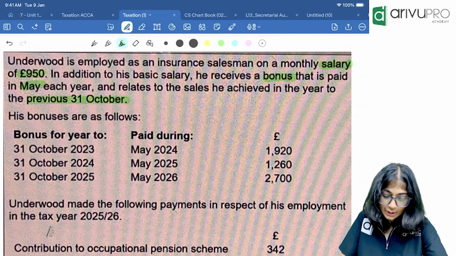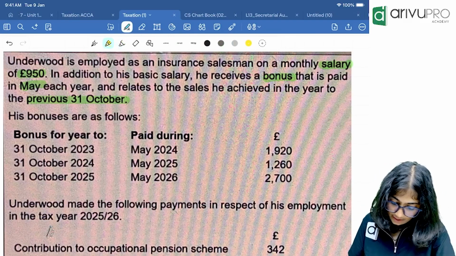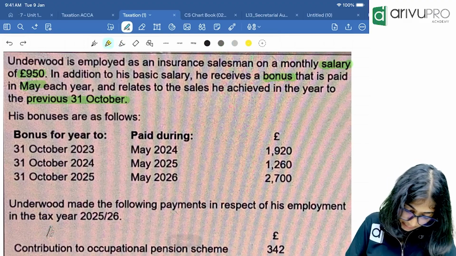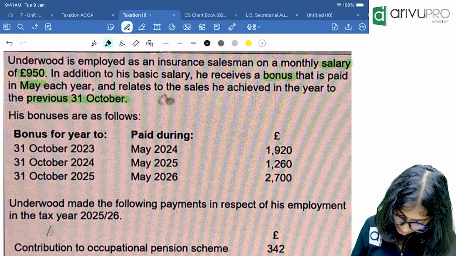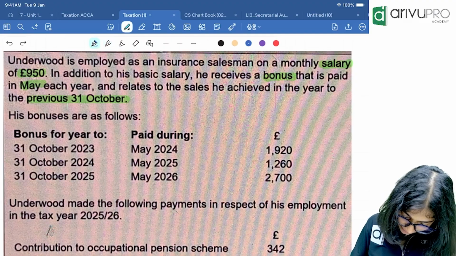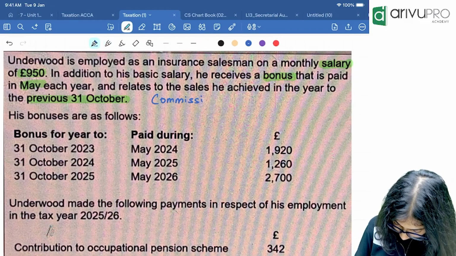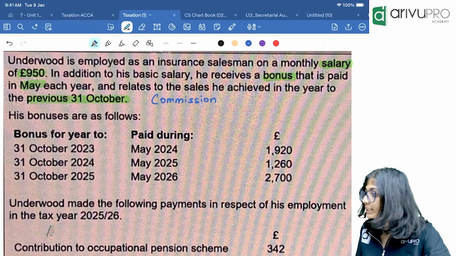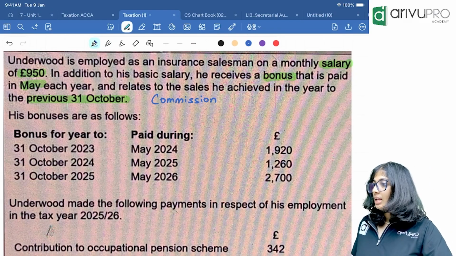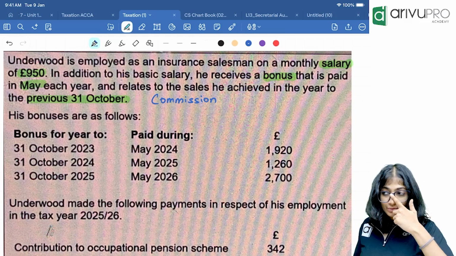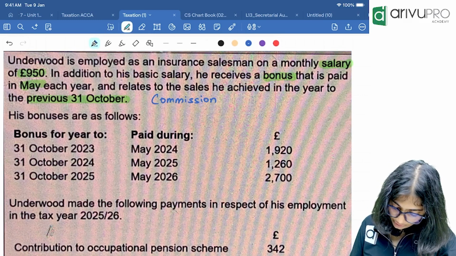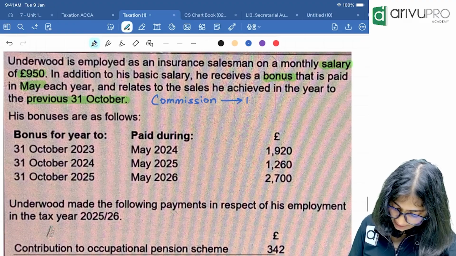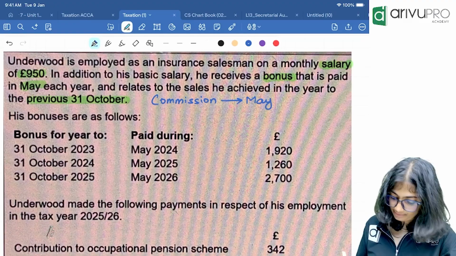This is a commission he is receiving. Let's write it over here. This is the commission he is receiving for his sales. The actual payment of the commission is being done in May each year.